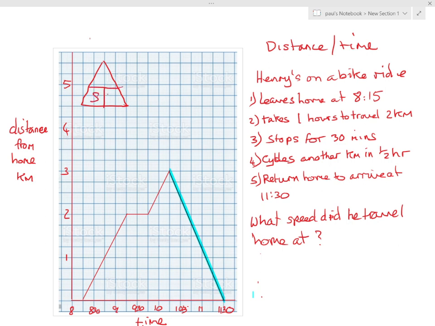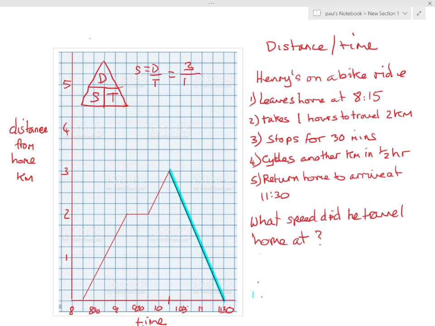Now we're looking for speed. Speed is distance divided by time. The distance home is from 3 down to 0, so it's 3 kilometers. The time taken, from 10:15 to 11:30, is 1.25 hours.